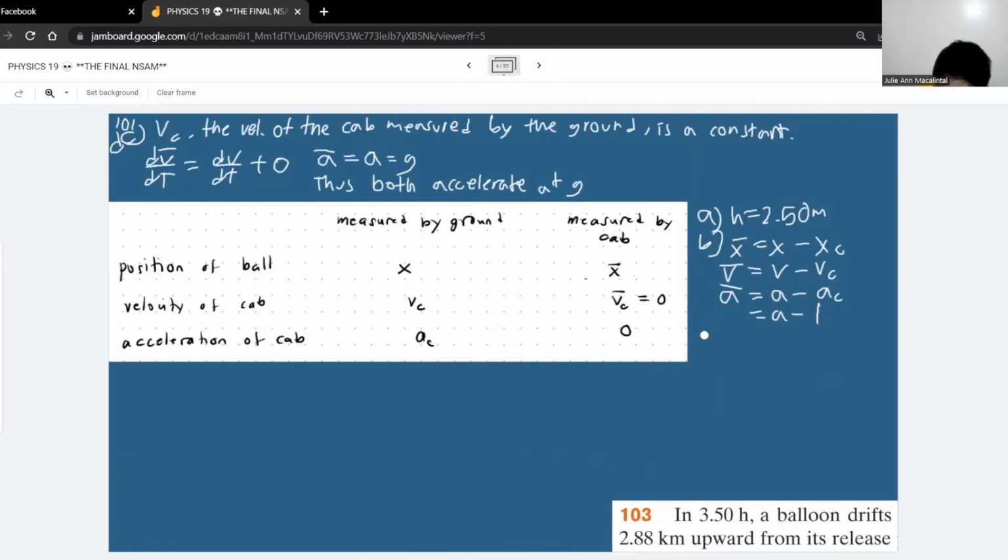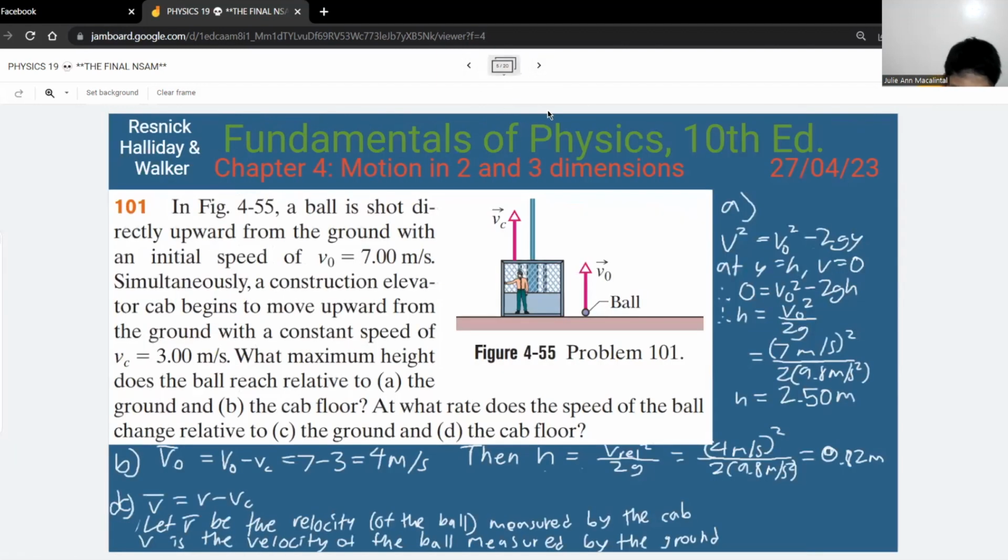Yung initial velocity ng ball, V0 minus VC, so 4 meters per second pa rin yung V bar 0.